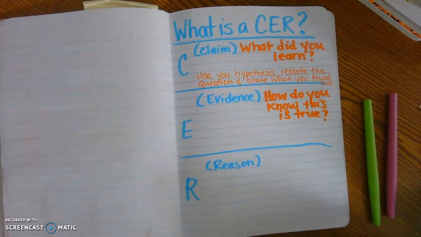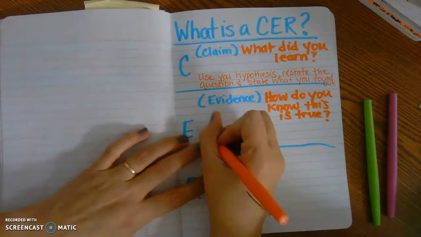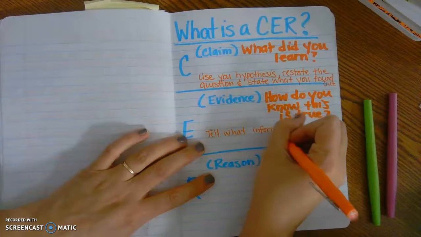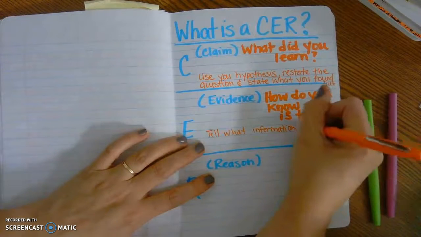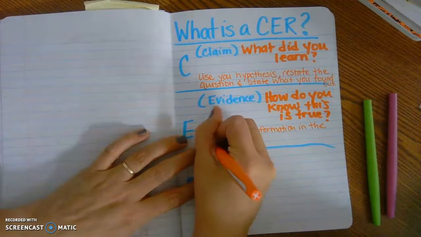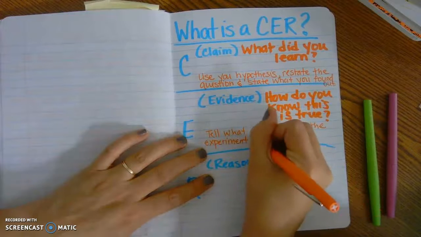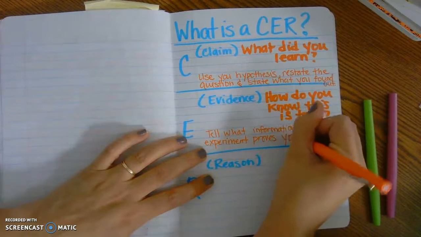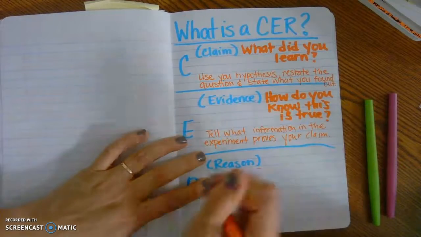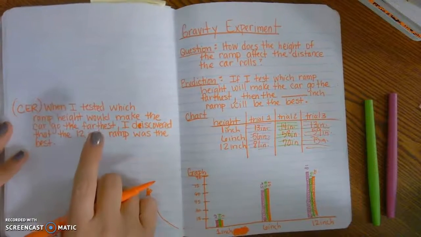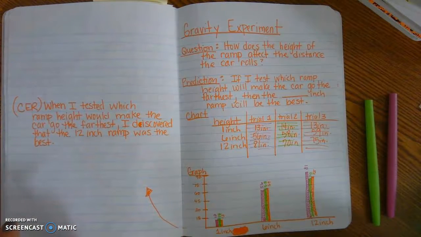This is where you're going to tell what information in your experiment proves your claim. Okay, we need to make sure we include it all. So let's go over here. We said our claim is that when we tested which ramp was the best, the 12-inch one was the best. Okay, and how do I know that?